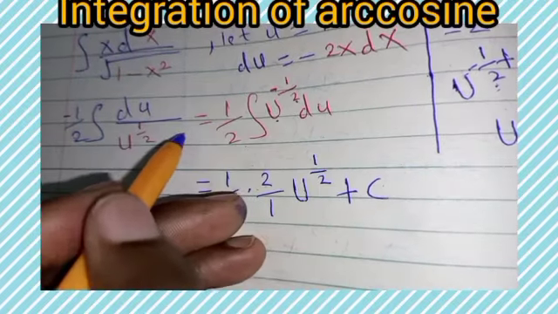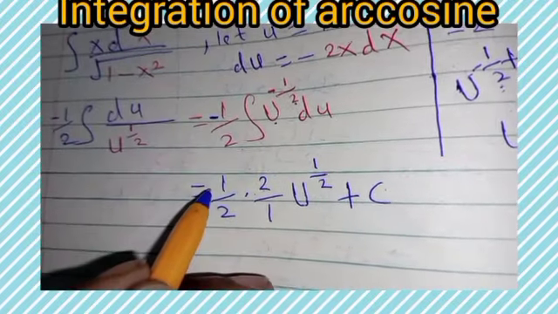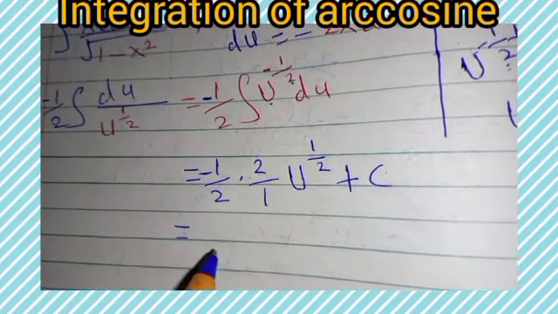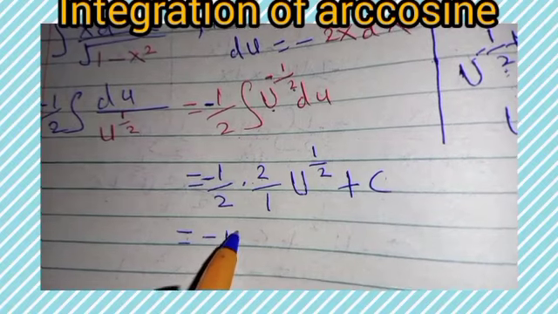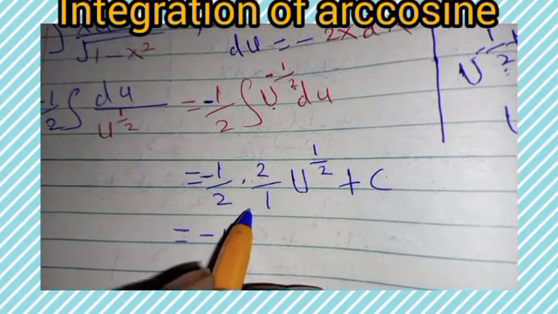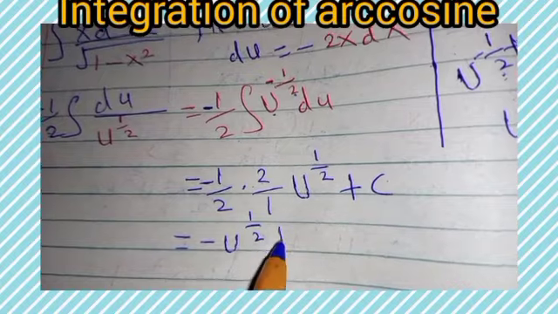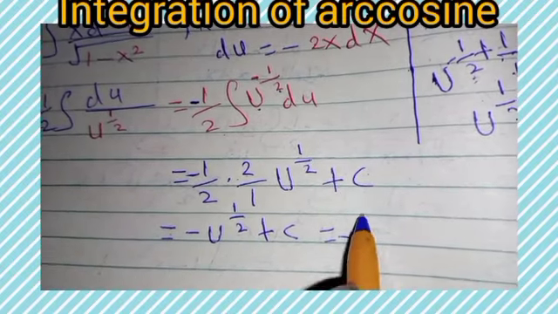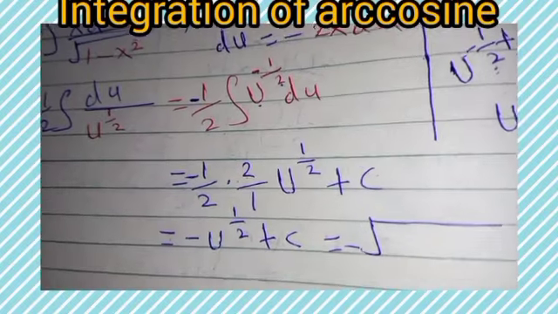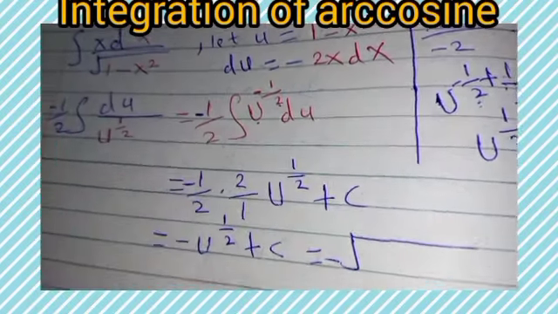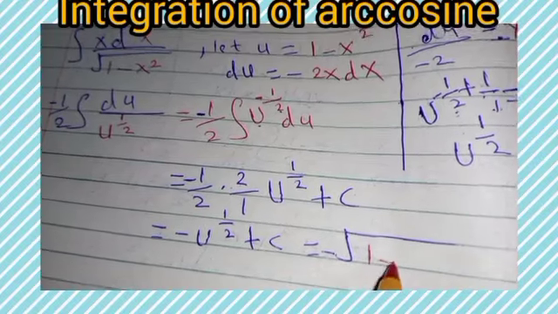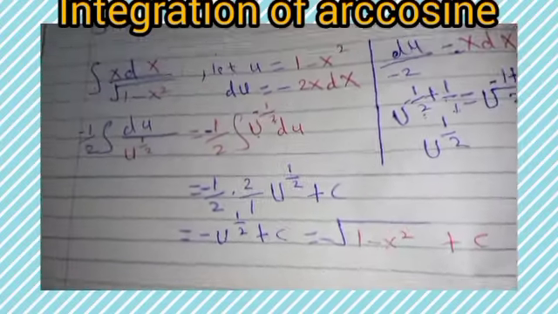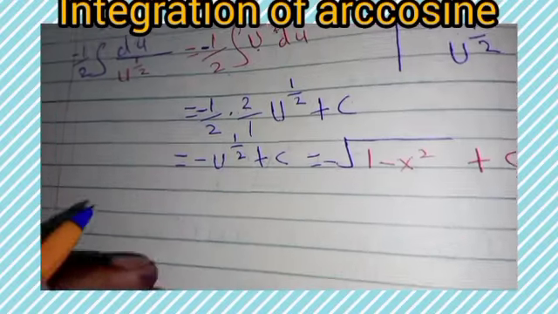Remember, there is this negative outside. This one will cancel, and you will have negative u power half plus c, which can be written as negative square root of, our u was 1 minus x squared, plus constant c.